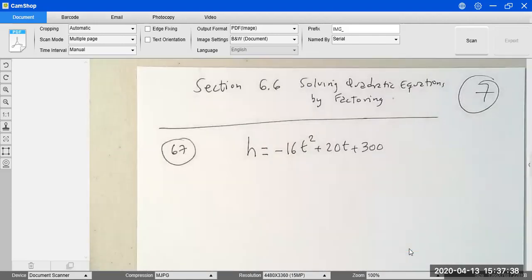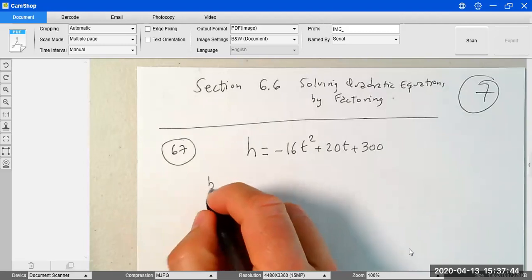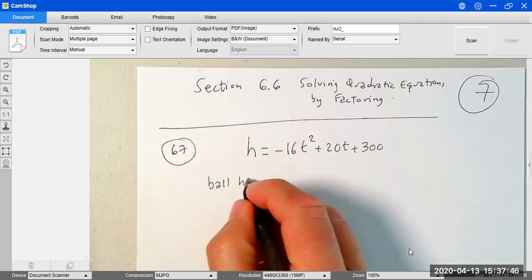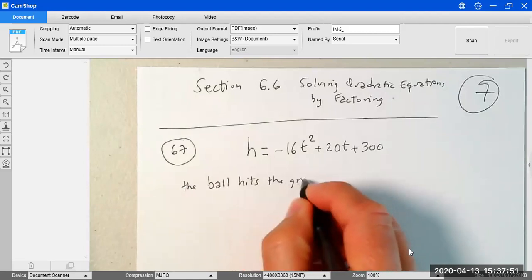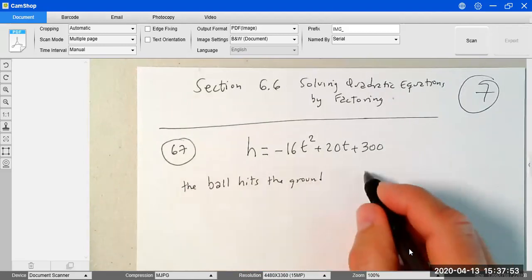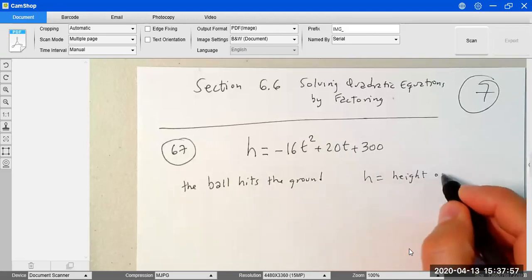In problem 67, they talk about the ball hitting the ground. h is the height of the ball.